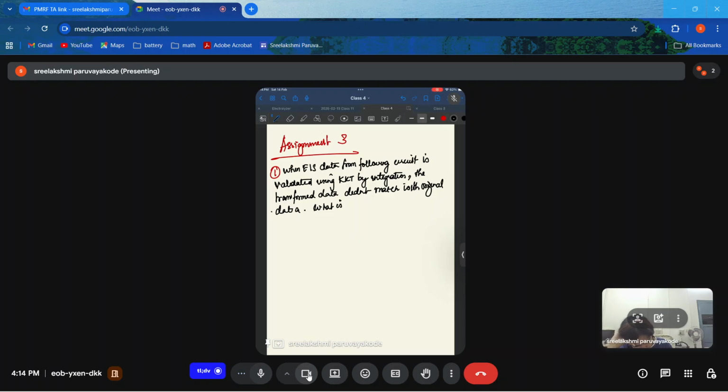What is the reason? They have given you a system like this: R1, P2, R2, R3, R4, P3, P4. So when EIS data from the following circuit is validated by KKT using integration, the transformed data didn't match with the original data. Now, what is the reason?